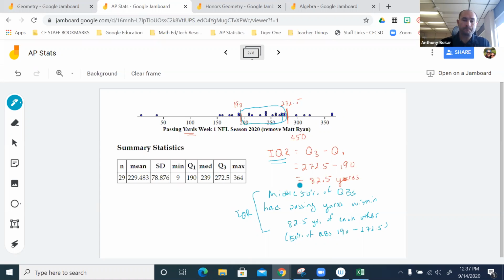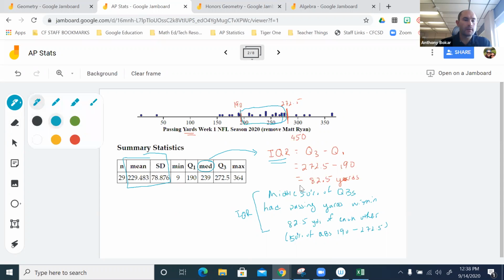Mean and standard deviation are paired together because you use the mean to compute standard deviation. And the median is typically paired with the IQR because the median sits halfway between the first and third quartile, okay?